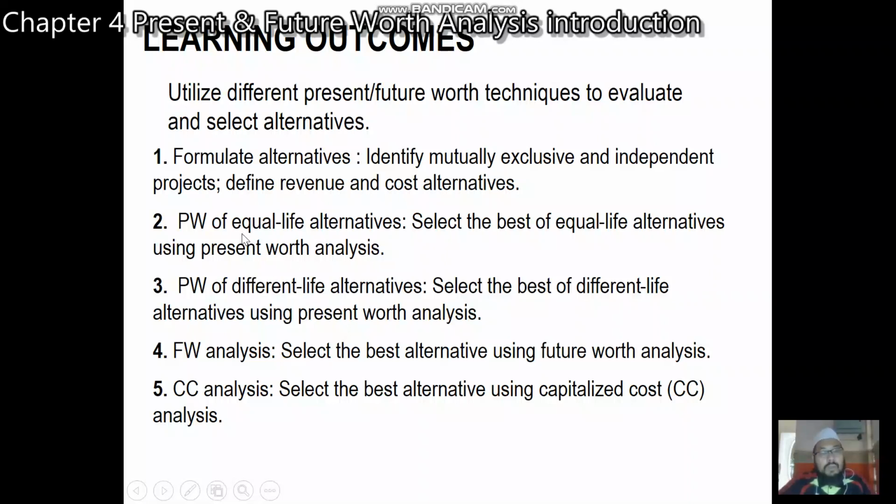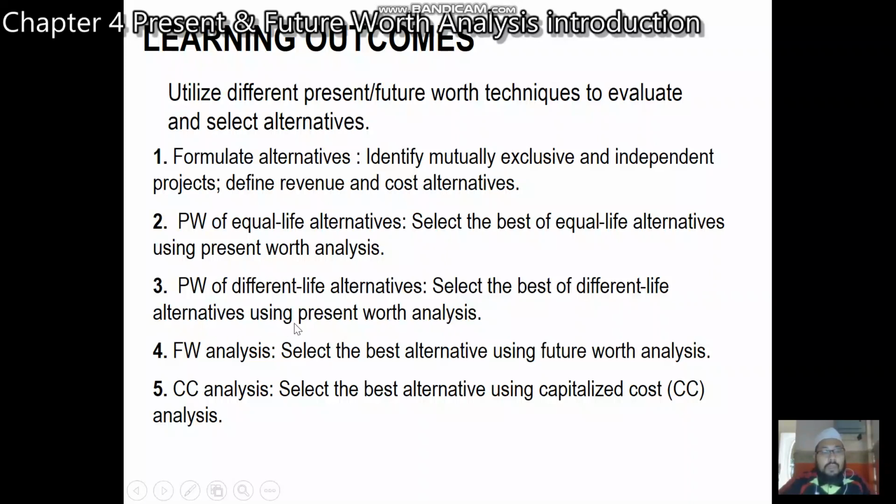So why do we put different outcomes on these 2 problems? Because these 2 scenarios will have a different strategy to solve the problems. There is a specific strategy for equal life alternatives and a specific strategy for problems related to different life alternatives.